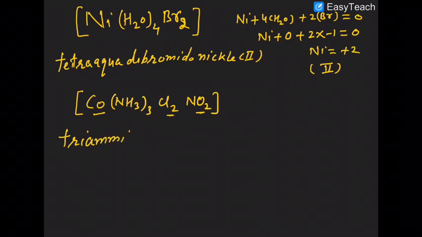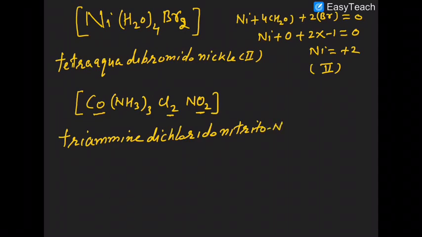Triamine dichlorido nitrito-N cobalt 3. Why is it so? Because it is overall neutral, no counter ion is there. No counter ion is present in this case.